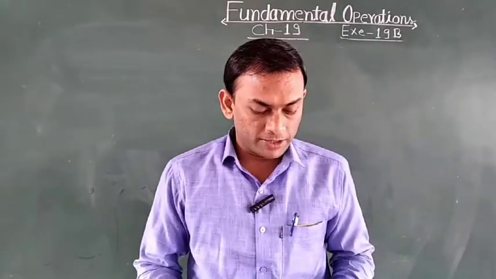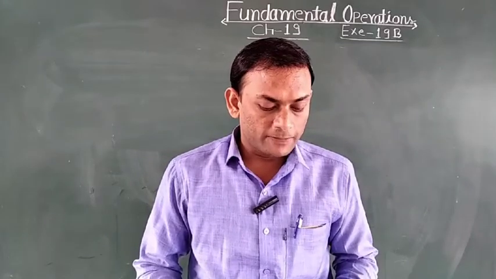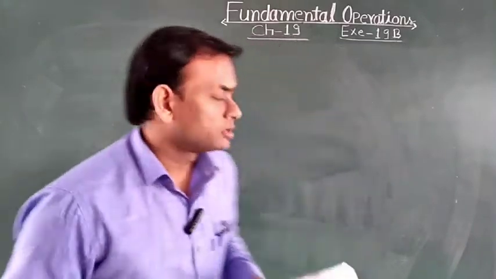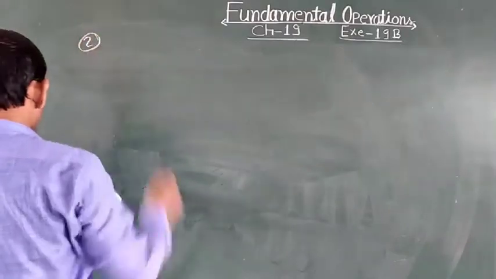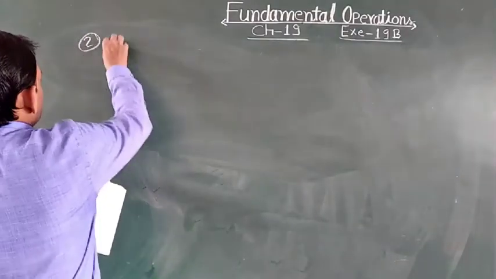Now the question number 2 I am just going to tell you. In this question you have to add the following expressions. This is question number 2, and I am telling you the third part of this.